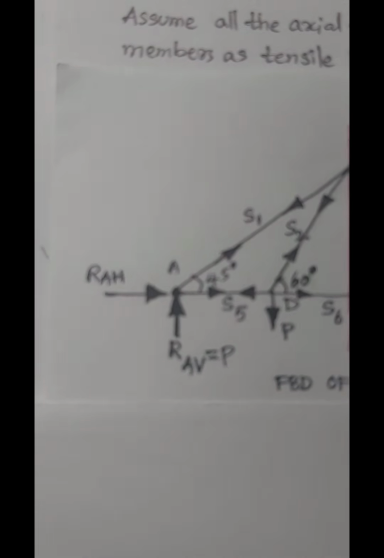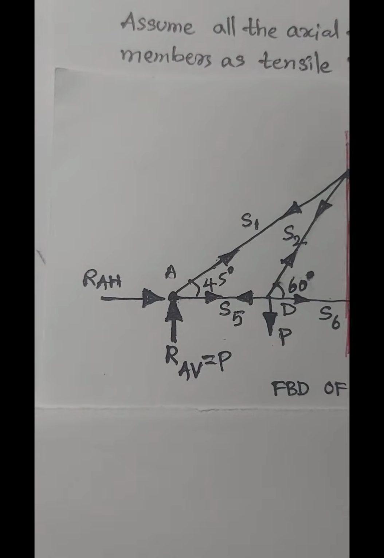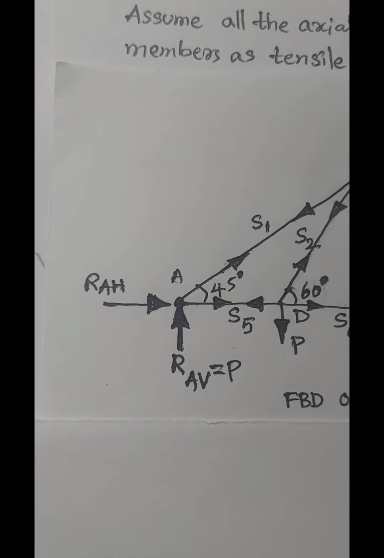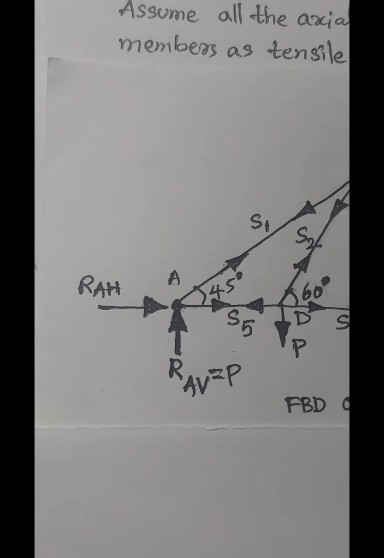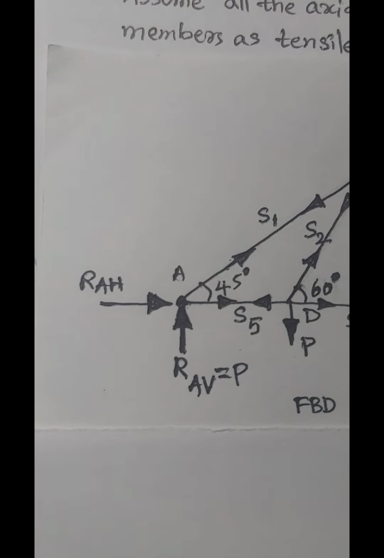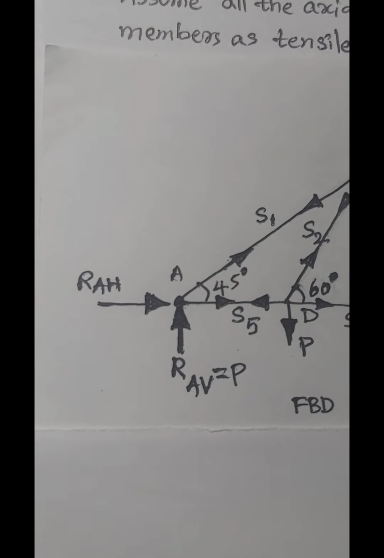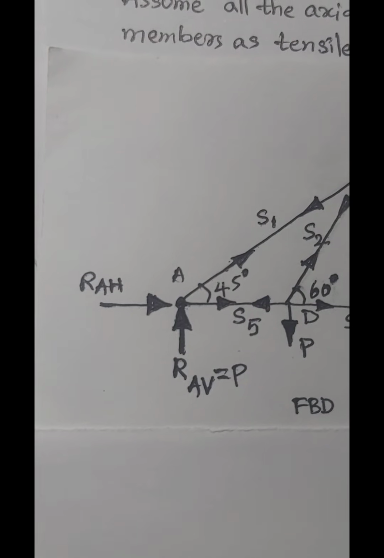Considering a separate free body diagram of joint A, apply the equilibrium equations to find the unknown axial forces S1 and S5 in terms of RAV equal to P, where RAH is 0.